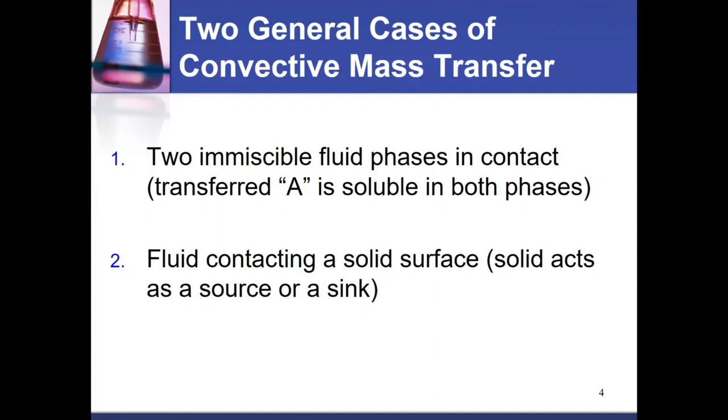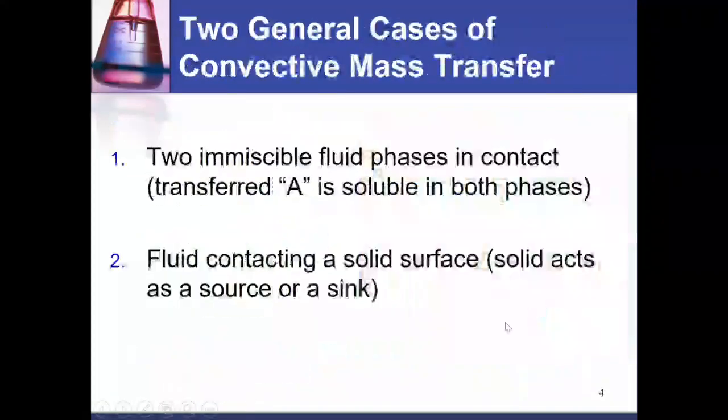This is the first scenario. The second scenario is solid and fluid, which also don't mix. The fluid can be liquid or gas, contacting the solid surface, and mass transfer may take place from the solid to the fluid or from the fluid to the solid.